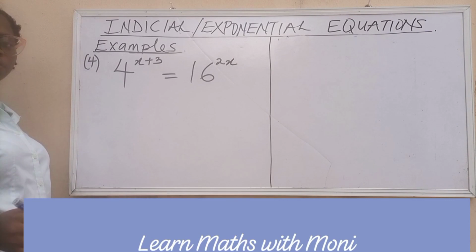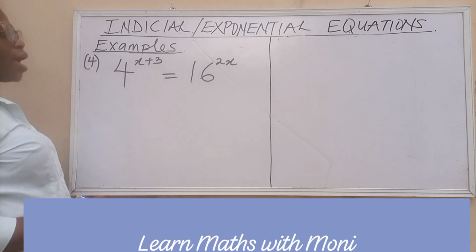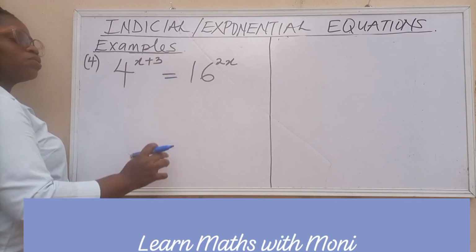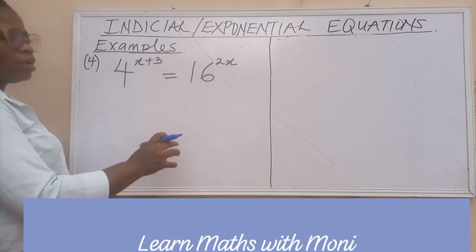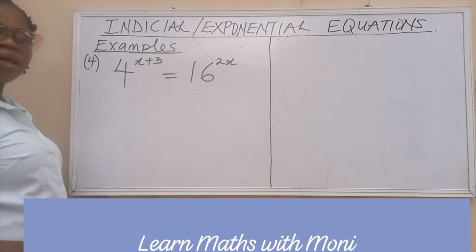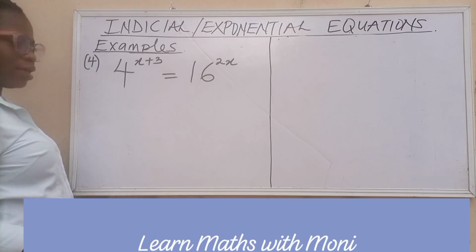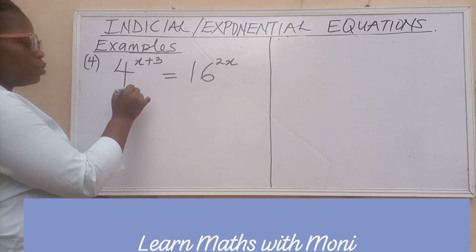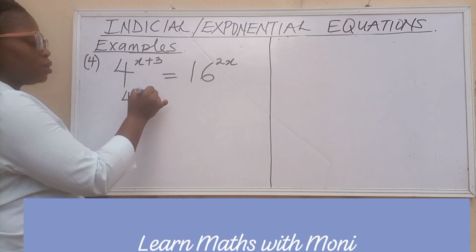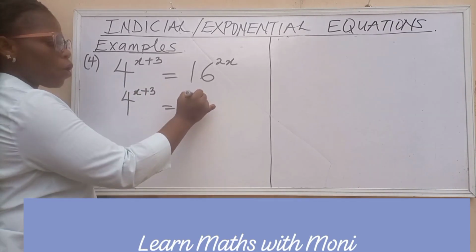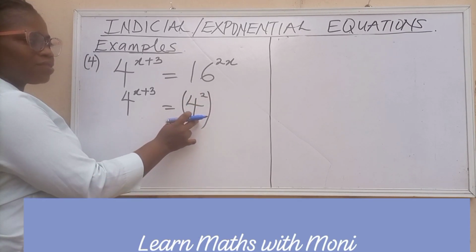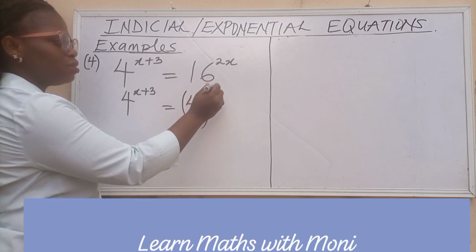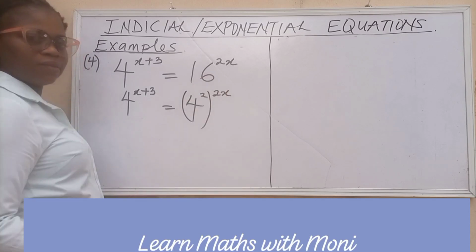Next: 4 raised to power x plus 3 equals 16 raised to power 2x. 16 can be written as powers of 4. So we do that. This is 4 raised to power x plus 3 equals 4 raised to power 2, that is 16, then raised to power 2x.